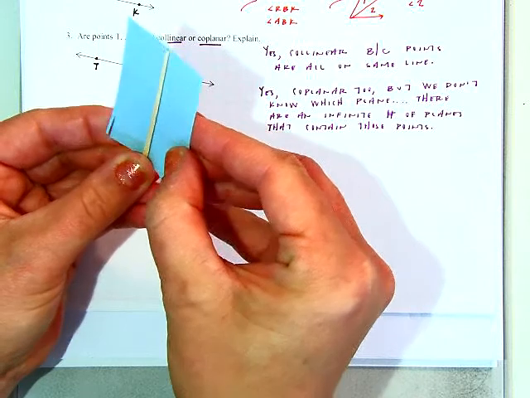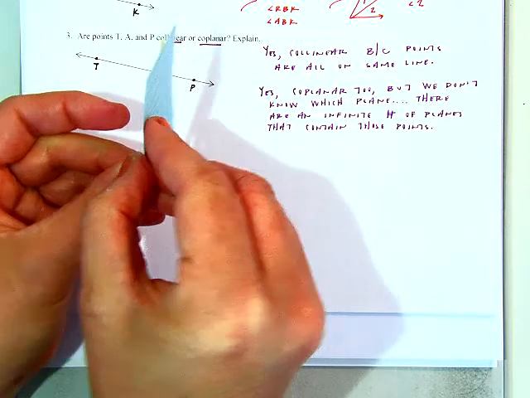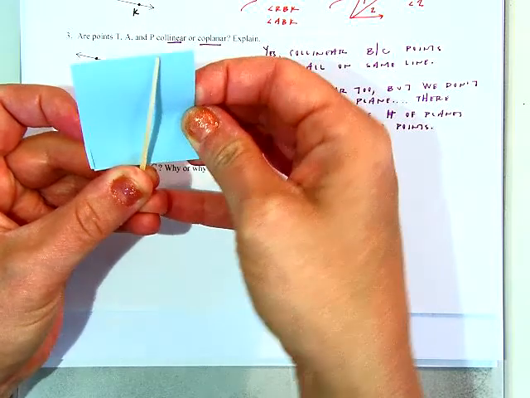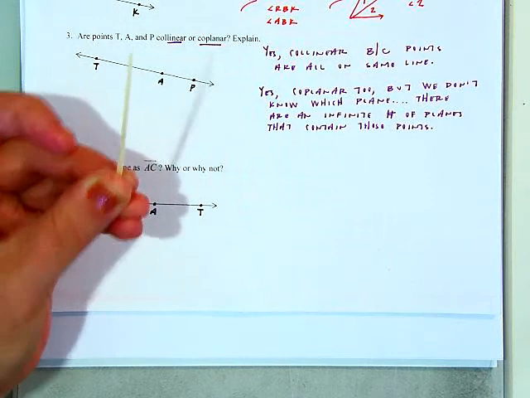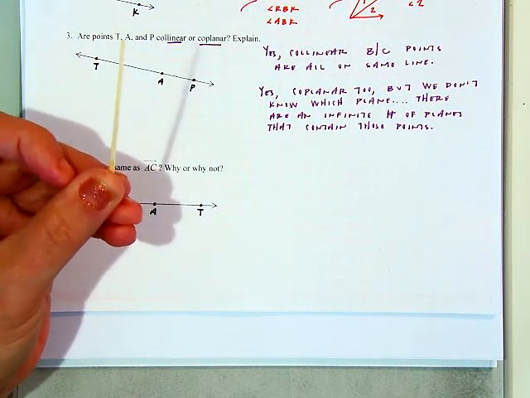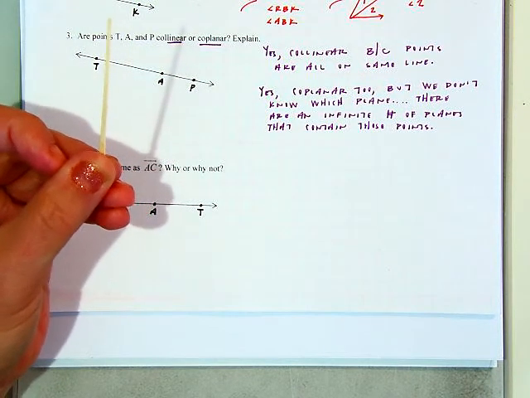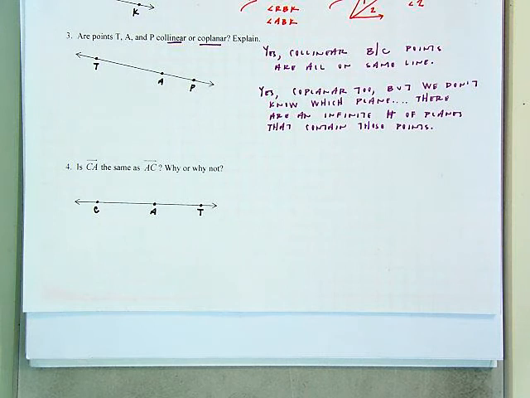And I could just rotate around: another plane, another plane, another plane. There's really an infinite number of planes that could slice through these collinear points. So collinear points are coplanar too, but we couldn't identify which specific plane. There are an infinite number of planes that contain those points.